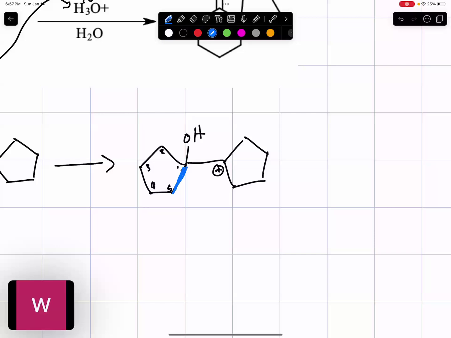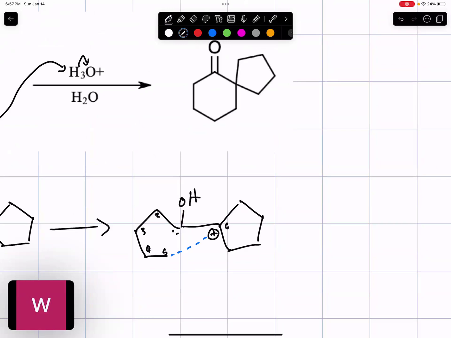I'm breaking this bond between 1 and 5, and I'm reforming it here at, let's say, carbon number 6, if you will. Right? Because we have to make a 6-membered ring. 1, 2, 3, 4, 5, 6. And that 6 carbon was technically part of this pentane ring.